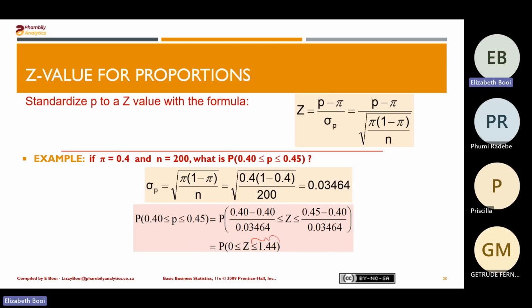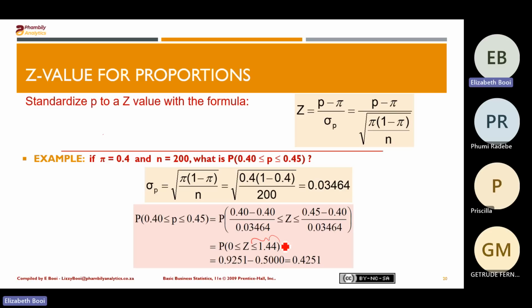on the positive side of the table. Remember, you will go where it says 1.4 and where it says 0.04 at the top, where they meet. That will be the probability that we are looking for. You find that probability on the table, and you find the probability of Z equal to 0.00, which is 0.5.